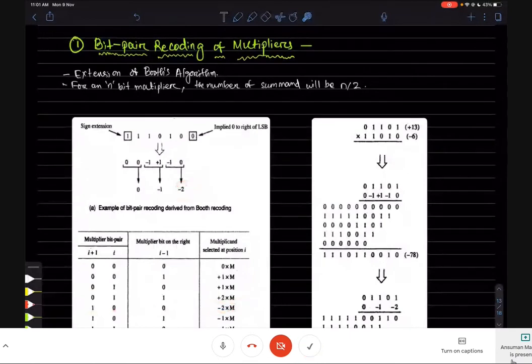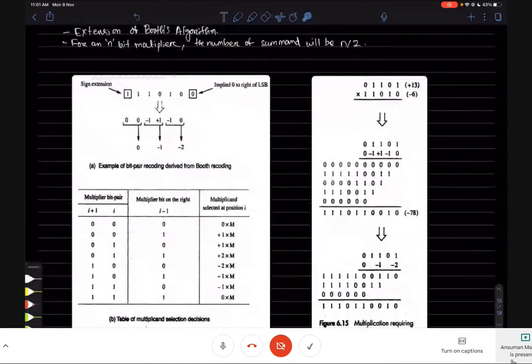Then 101 is minus 1, so we have written minus 1, and 111 means 0, so we have written 0 in the code. After this code is formed, you just have to multiply this recoded multiplier with the multiplicand.